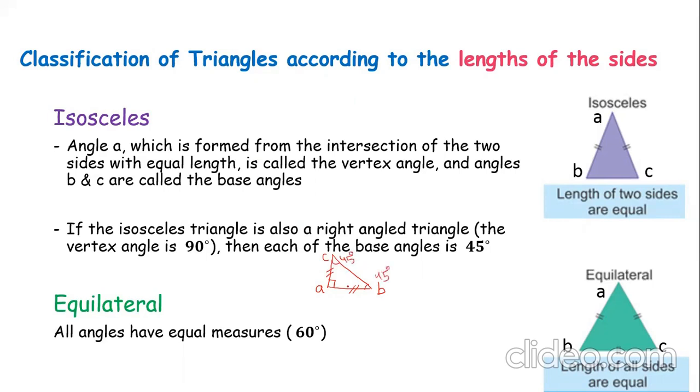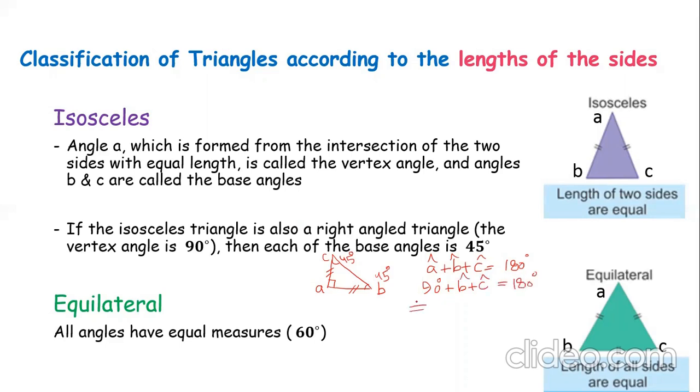And this is, of course, obvious since we know that A plus B plus C equals 180 degrees. So if A is already 90 degrees, this means that 90 plus B plus C equals 180 degrees.